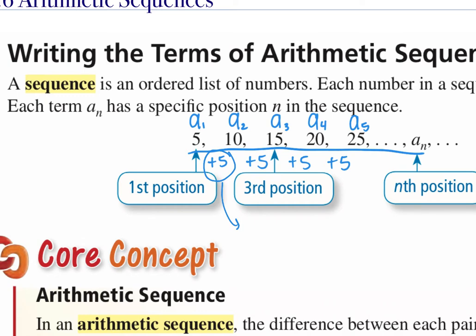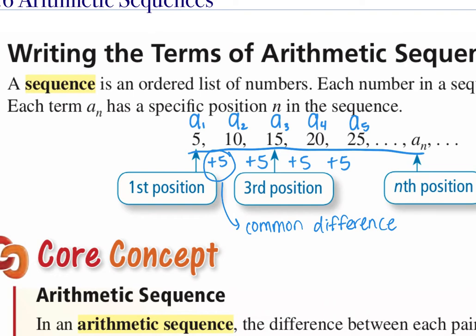We call that plus 5 our common difference. Each value that we increased by, as long as it's the same, then we know it's arithmetic, and that same difference is the common difference. If it wasn't all the same, it wouldn't even be arithmetic, and we wouldn't have a common difference. But all arithmetic sequences will have a common difference.